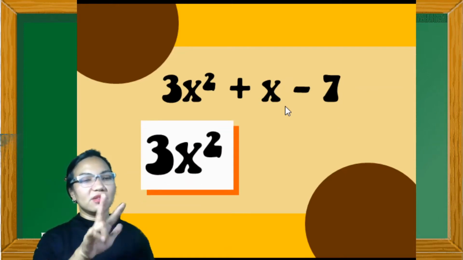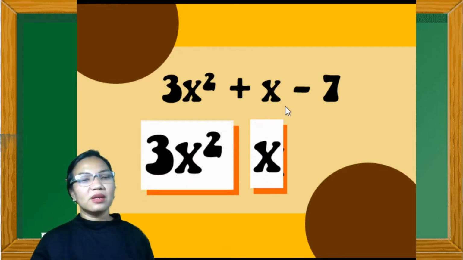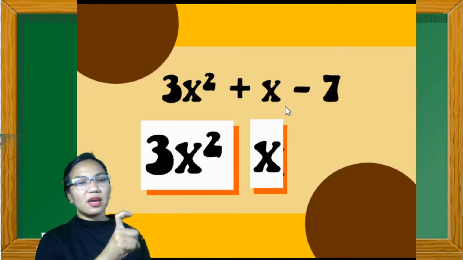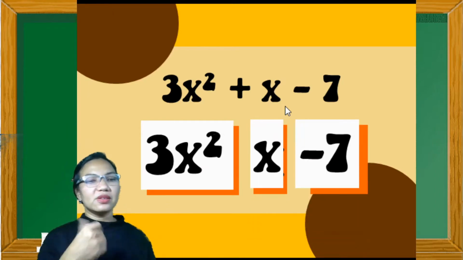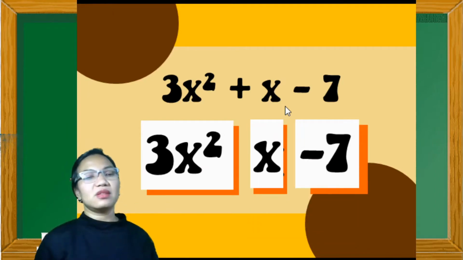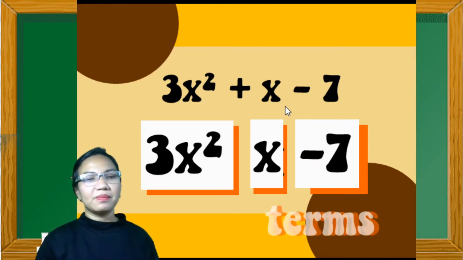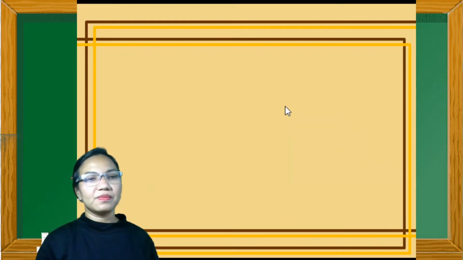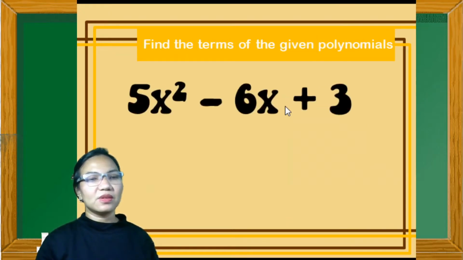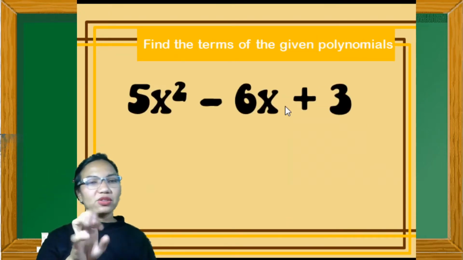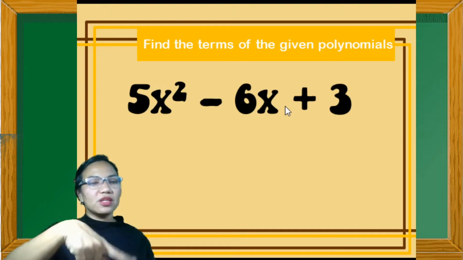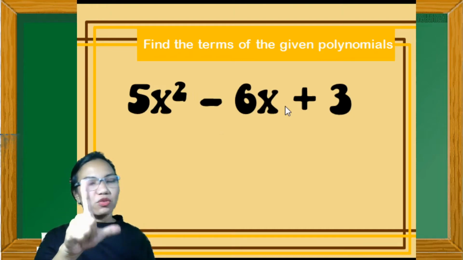So that is 3x squared, another is x, another is negative 7. It is three terms. So let's find the terms of this polynomial.